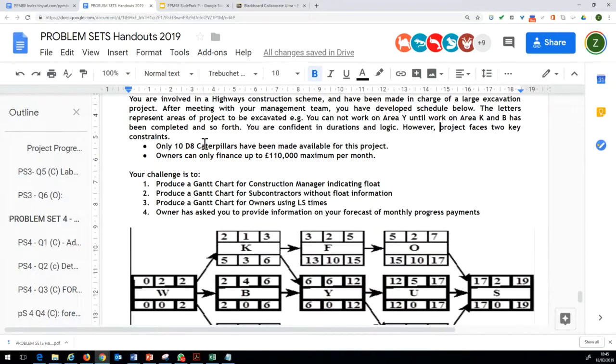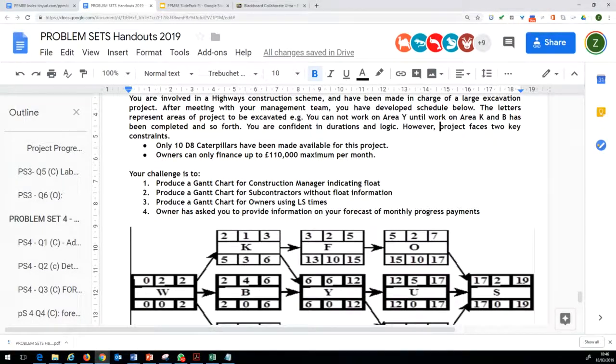So it is important that you make the best use of the resources available. And secondly, the owners are only financing this project up to a £110,000 maximum per month. So you're not going to get any more than that. So ideally, you should schedule your work where you are delivering no more than this amount of work per month.